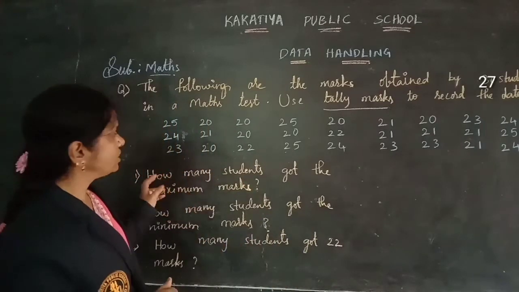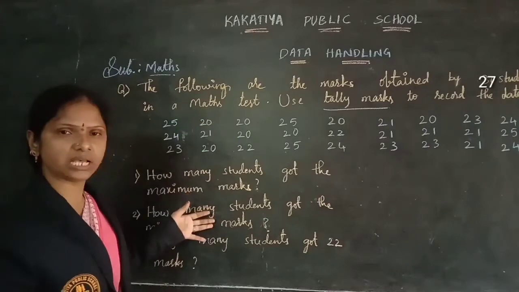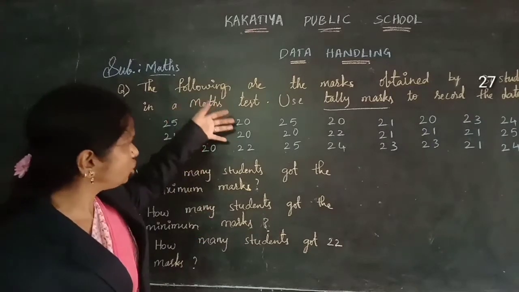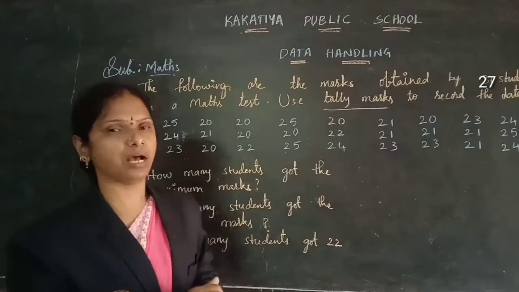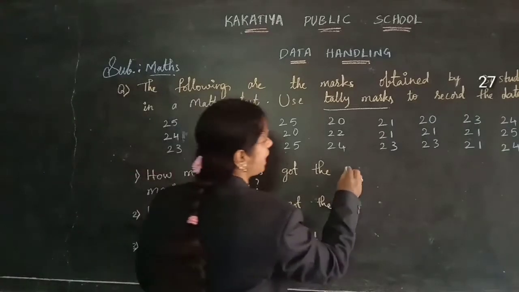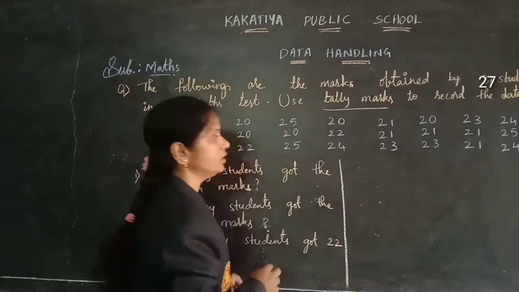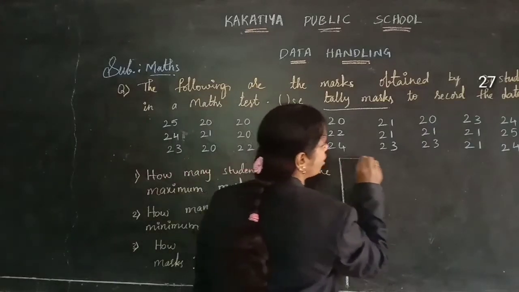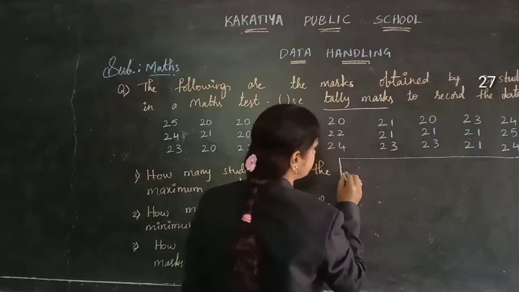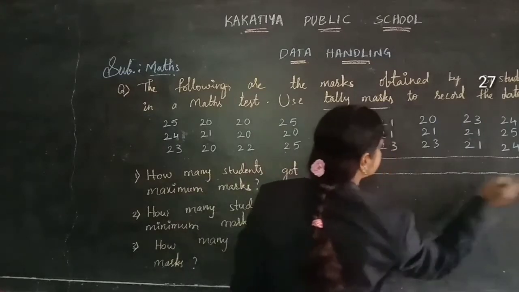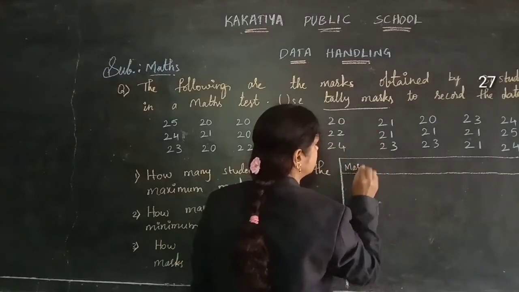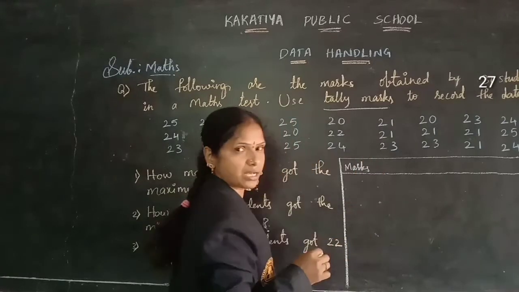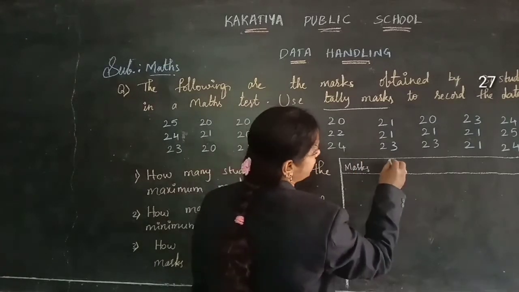Now based on this, some questions are given. First let's show these numbers in tally marks. How to show? Here I am showing the tally marks. First marks: I am arranging the information in columns. What type of marks the students obtained.